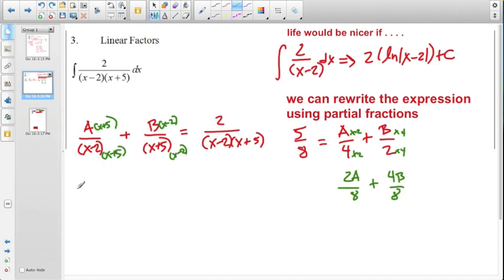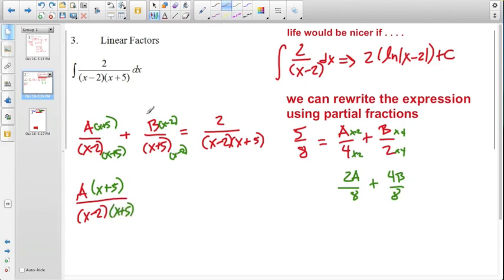And so we end up with an expression that looks like a times x plus 5 over x minus 2 times x plus 5.